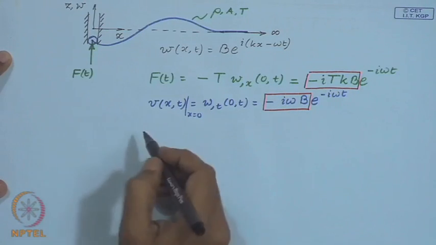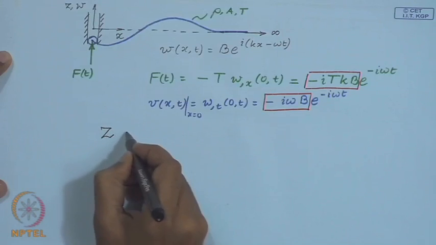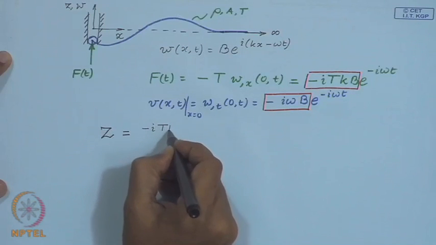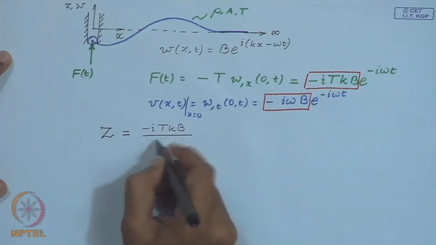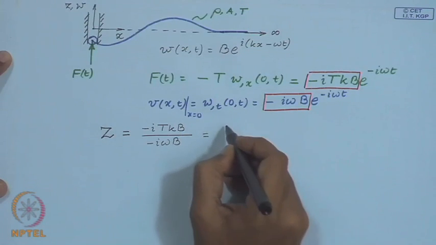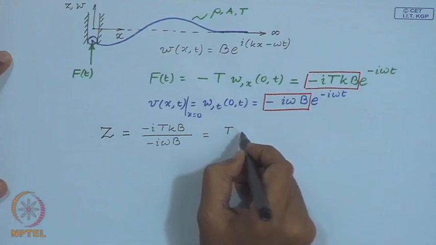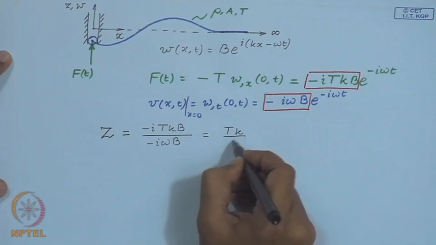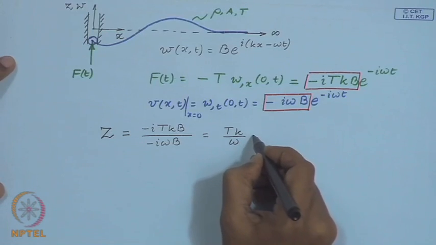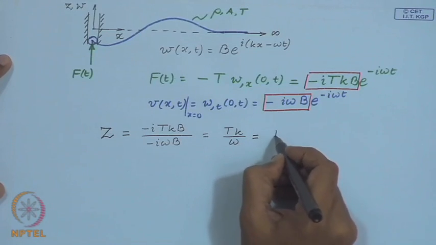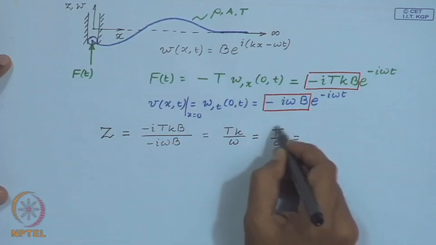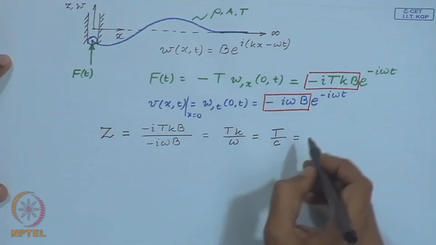So, we define impedance as, now omega over k is the phase speed, the speed of harmonic wave in the string, and using the definition of speed once again.